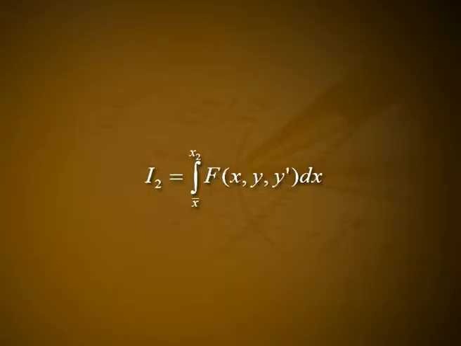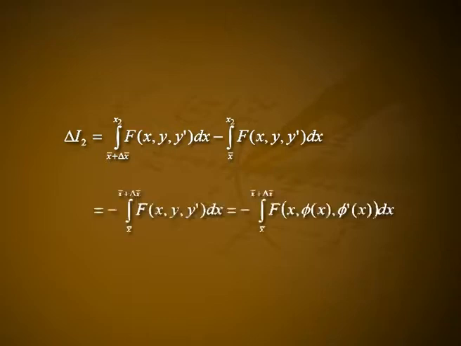The functional I2 equal to integral from x bar to x2 of f of x, y, y dash dx also has a moving boundary point x bar, y bar. But in the neighborhood of this point, the curve y equal to phi of x, on which an extremum can be achieved, does not vary.